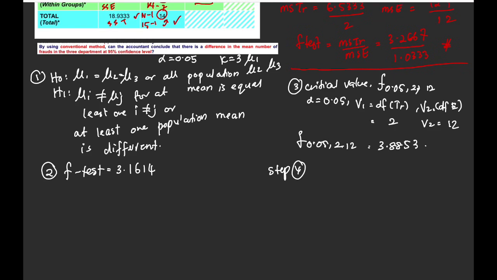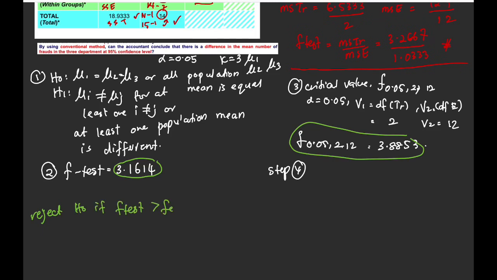Then step number 4: reject or accept H null. We will reject H null if F test is greater than F critical value. So our F test is 3.1614.